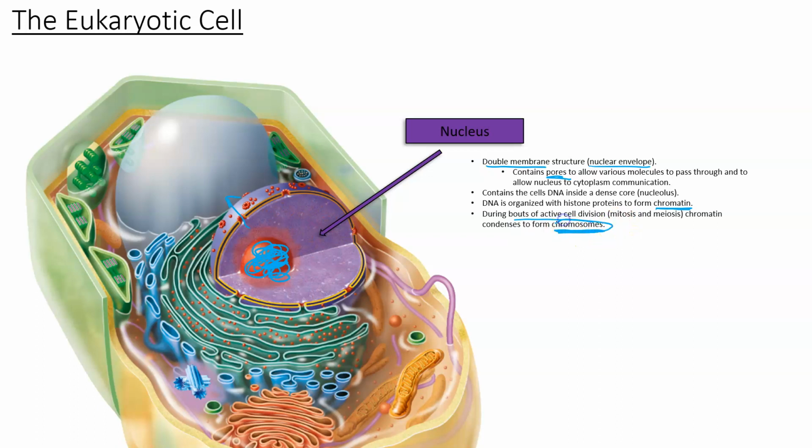But again, those X-shaped chromosomes, which we've become accustomed to seeing, can only be found during times of active cell division, which means you're only going to find the X-shaped chromosomes during mitosis and meiosis. Any other time, when the cell is not actively dividing, we'll have our DNA in the form of chromatin. All of that DNA is kept inside of this nucleolus, which is kept inside of the nuclear envelope, which obviously has pores so that things can come out.